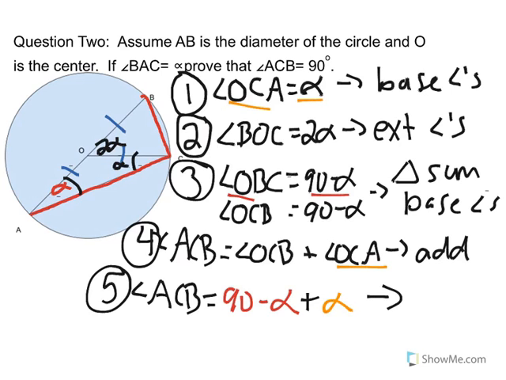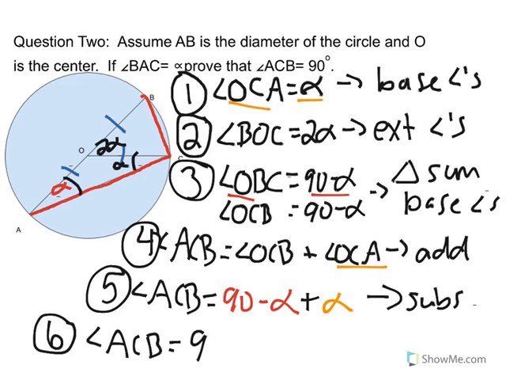So I just substitute it. And then my last step, I can simplify: angle ACB is equal to 90 degrees. So what I wanted to prove was that angle ACB would equal 90 degrees, and that is what we did.